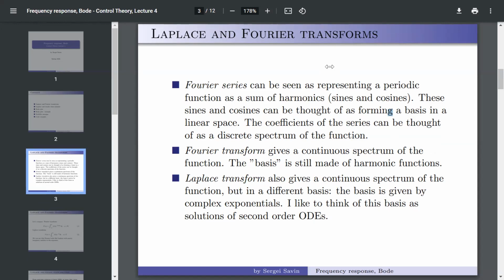Please remind what spectrum is for a function. Spectrum, how should I put it? I don't think that is something we need to spend time discussing, because that is, again, one of those concepts that would take a while to give a proper definition. But don't think about it as a spectrum of a function.